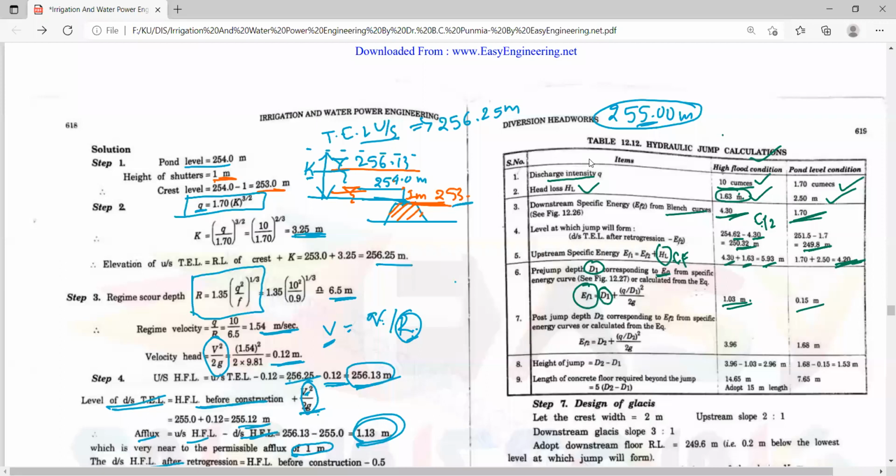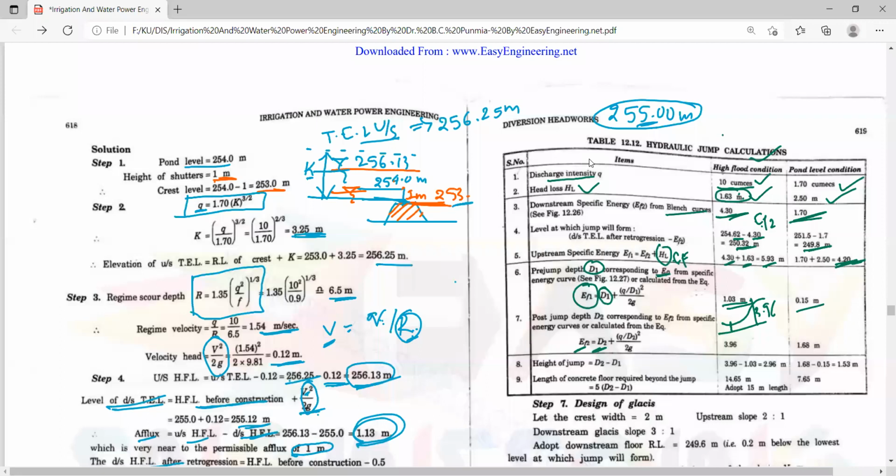So before the jump, the depth is 1.03 meters. After the jump, the depth will be 3.96 meters. So these are the depths before jump and after jump. Here you can observe the height of the hydraulic jump will be D2 minus D1.